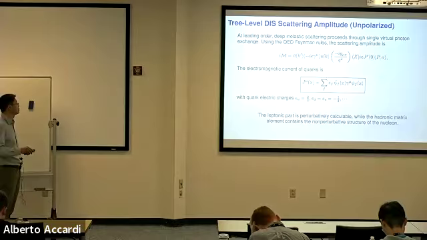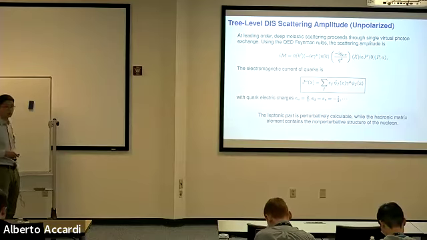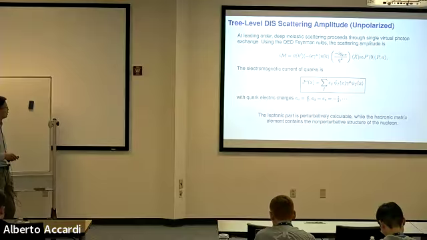Using the Feynman rules, we just write down the vertex, the outgoing and incoming electron, the photon propagator, and we also parameterize the electromagnetic interaction of the virtual photon with the proton. X is whatever the final state is, and P is the incoming proton state. This is the electromagnetic current of the quarks inside of the proton. There are 6 flavors, so we add all the flavors.